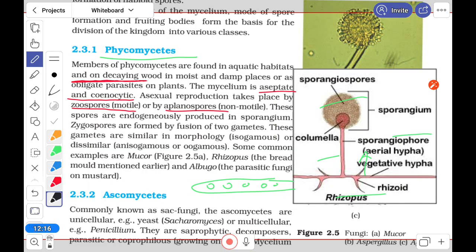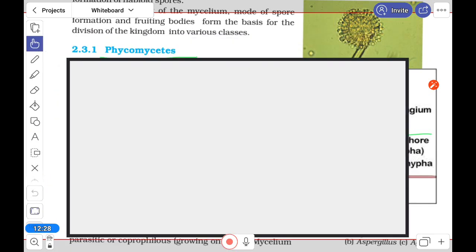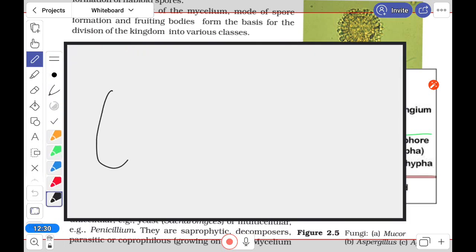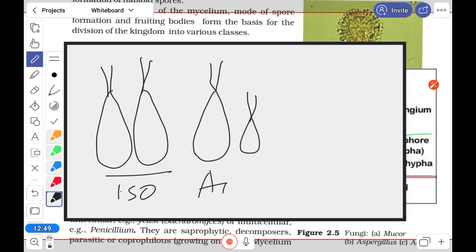Gametes formed are also of three different types: isogamous, anisogamous, and oogamous. We can discuss this on the board. Isogamous is when the gametes are equal in size, and this is called iso. When gametes are not equal, one small and another big, but both motile, it is anisogamous.